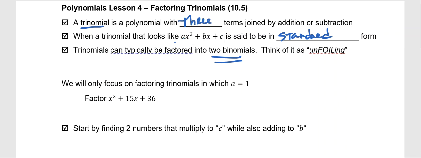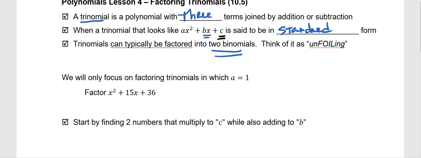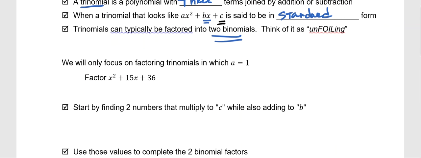But it's important for us to have our trinomial written in this form because I need to make use of specifically the b and the c values. I need to be able to recognize what those values are from my trinomial so that it will make factoring pretty straightforward. Now, before we move on, what we're going to be doing, we've already accomplished without even knowing we were factoring.